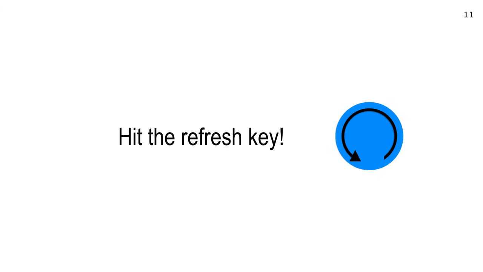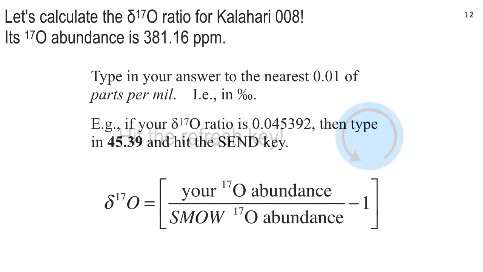All right, so hit your refresh key on your calculator. And let's do a calculation. Here it is. You're going to do delta 17 for Kalahari 008 as promised. And as you can see, I'm telling you to go to the nearest 0.01 of per mil.